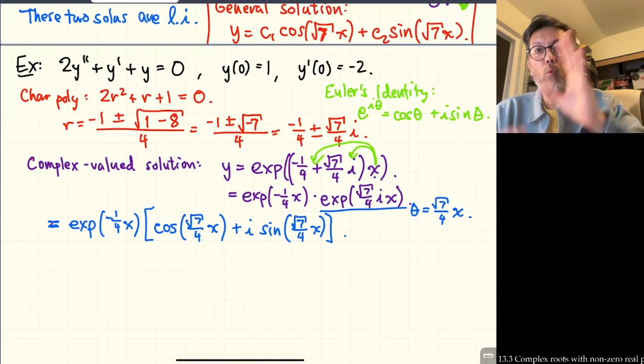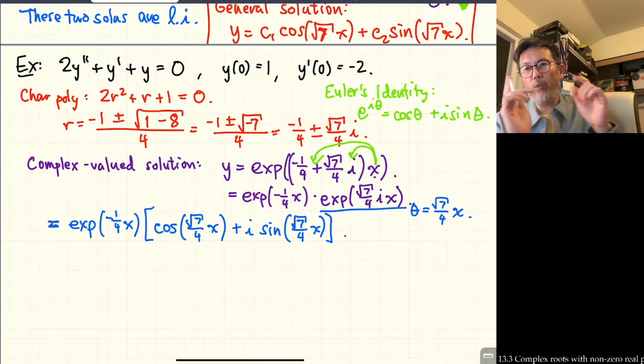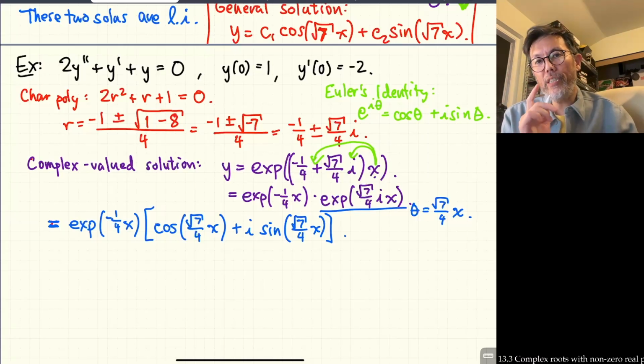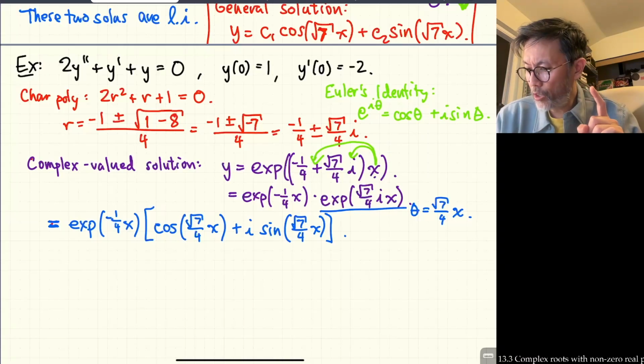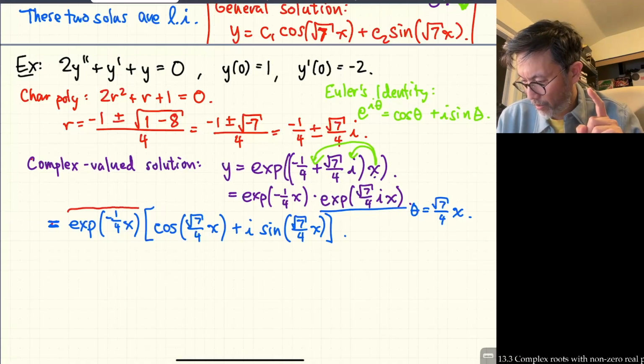Okay, now what are the real and imaginary parts? Well, to answer this fully, we need one last move. We should distribute this decaying exponential term right out here, like this.